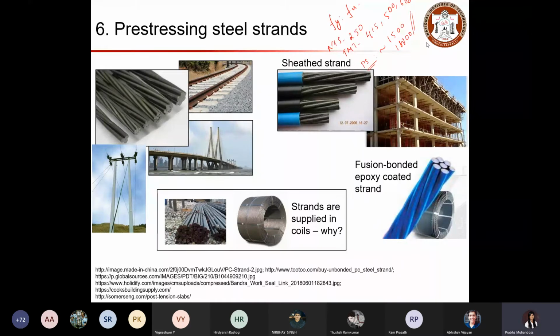So typically this comes in different sizes. Initially, these 3-wire strands are commonly used in railway sleeper applications, and the rest are 7-wire strands.